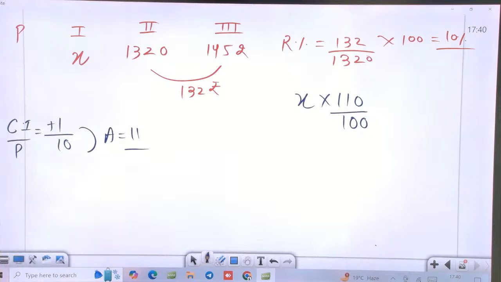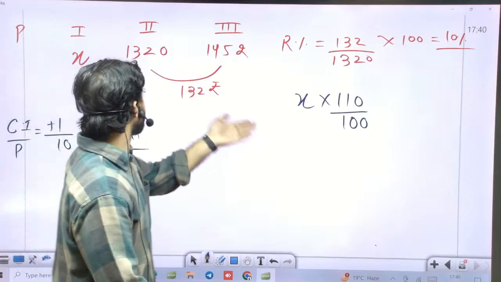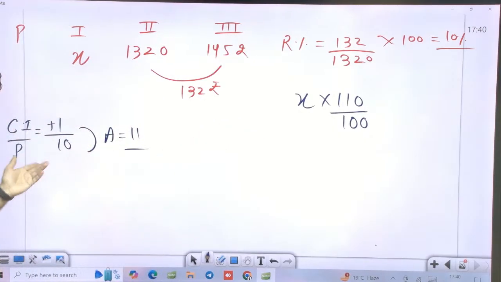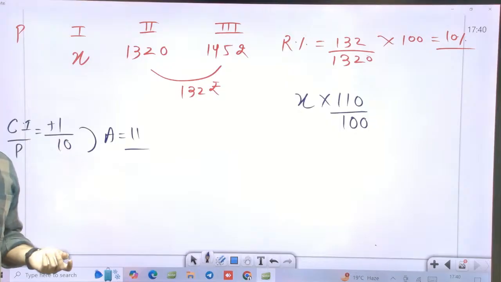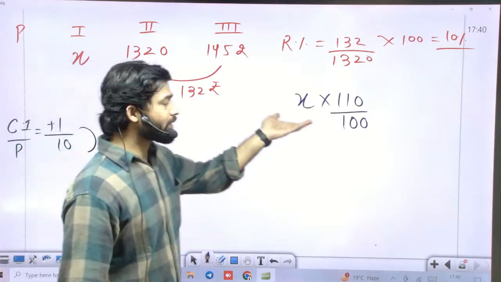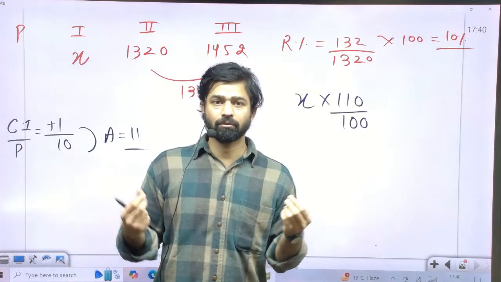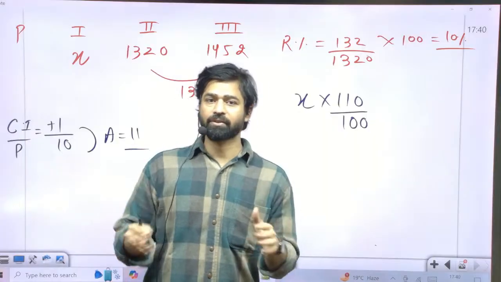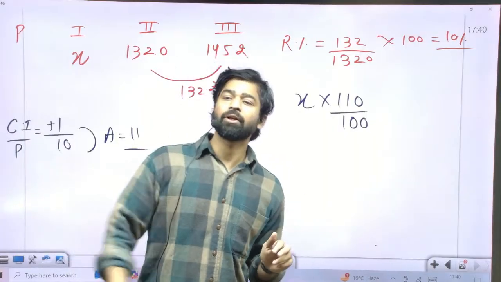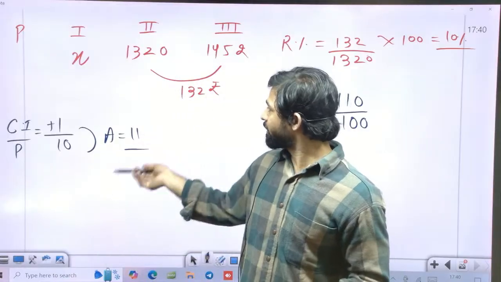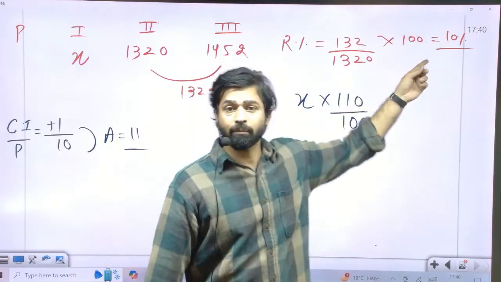So we can say that the value of 11 units is 1320, and for the principal we have to find out the value of 10 units. If you understand that thing, that is also good. Initially we have 100% value always, and there is an increment of 10% only, because we found that rate of 10%.